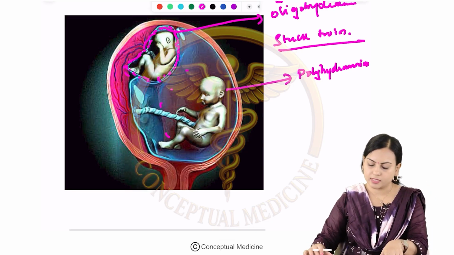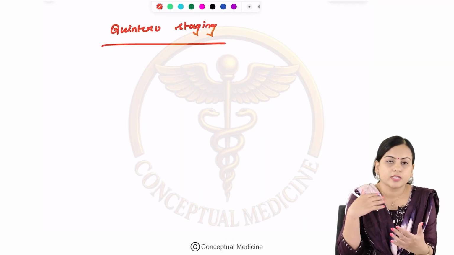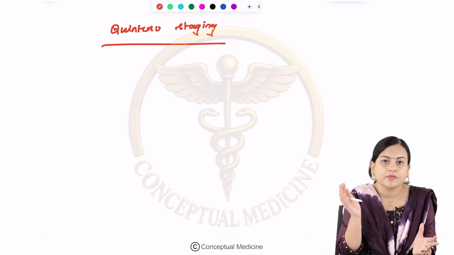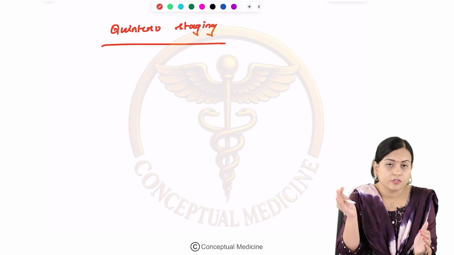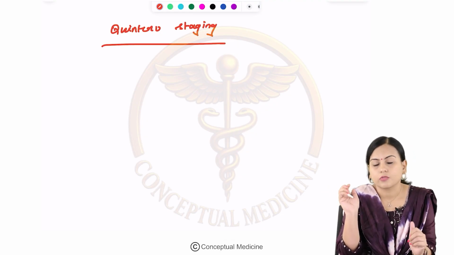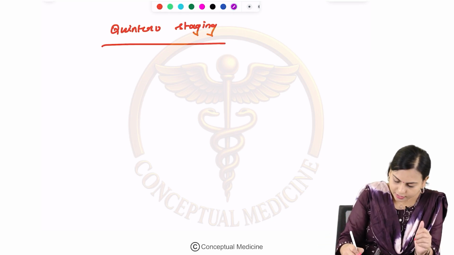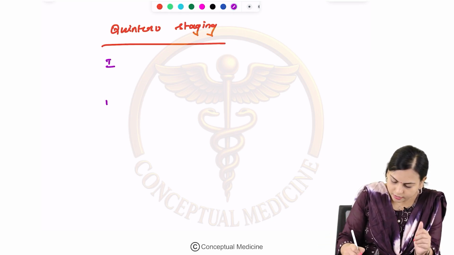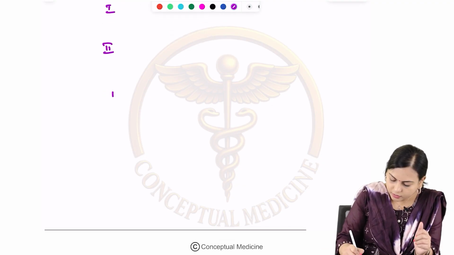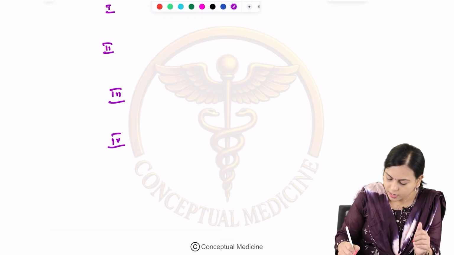Clear? See, this staging is given to quantify the severity that is arising in the TTTS syndrome of monochorionic twins according to the sonograph assessment. So we have 5 stages: stage 1, 2, 3, 4 and 5.